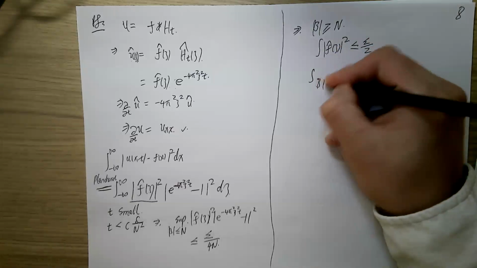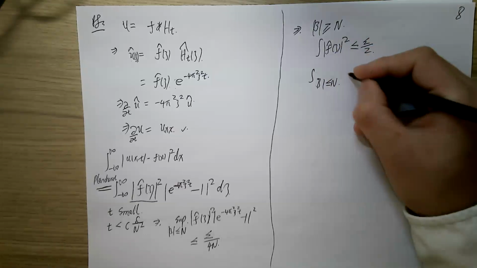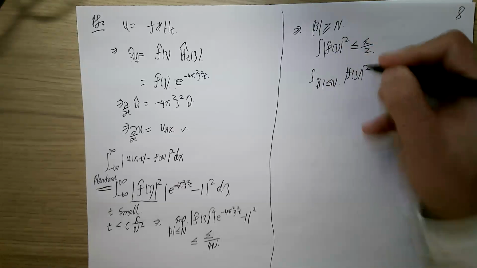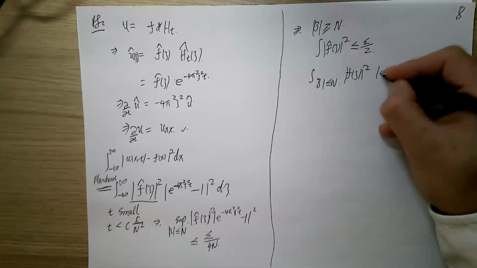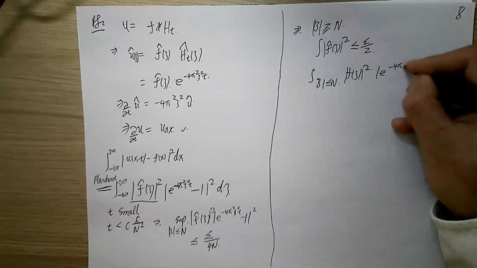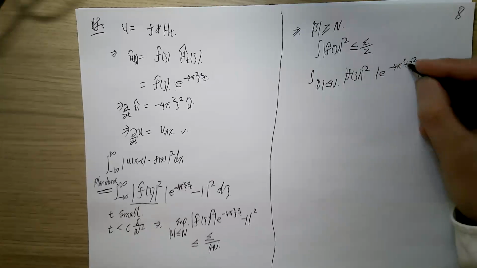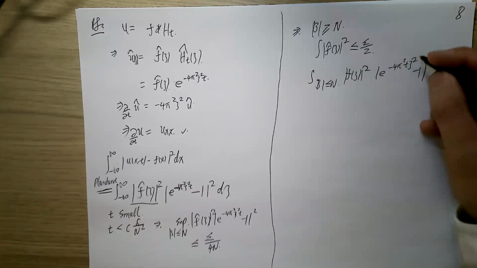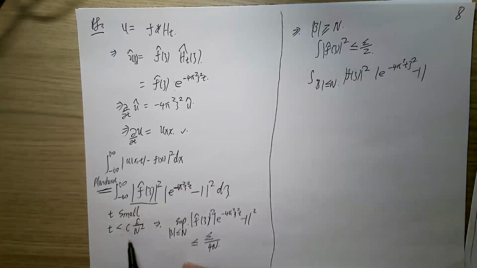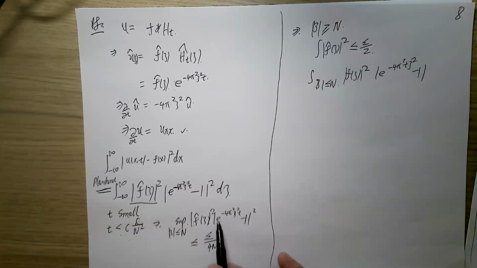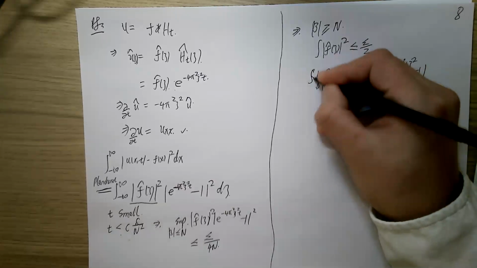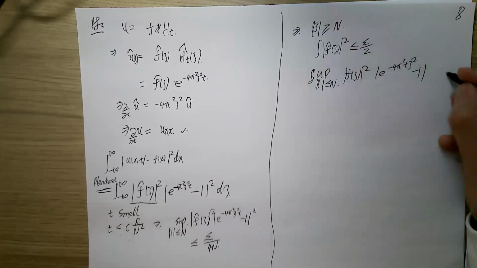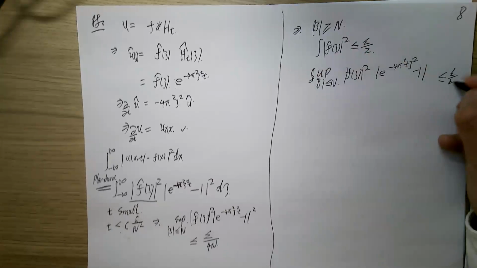And for |xi| less than or equal to N, we have |f hat(xi)| squared times e to the minus 4 pi squared t xi squared minus 1. Since t is very small, this is very close to 0, so this minus 1 is something very, very small, less than epsilon over 4N.